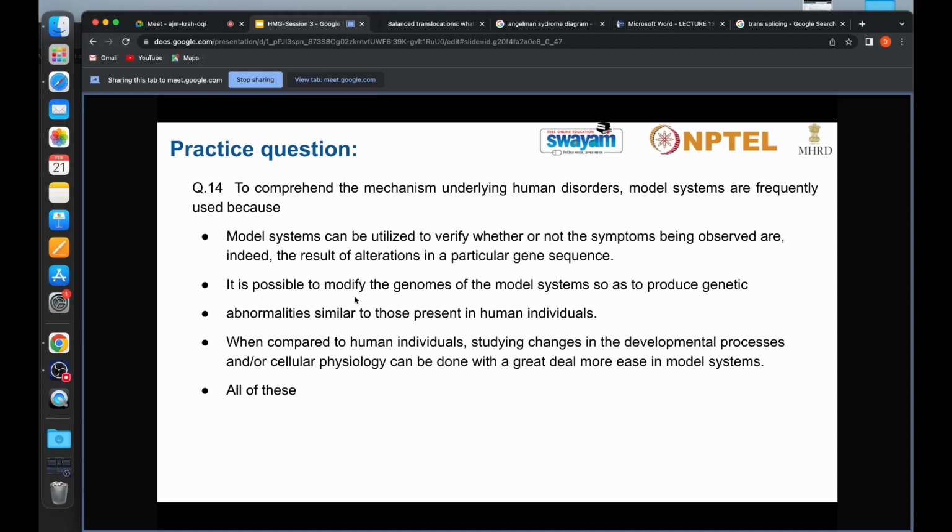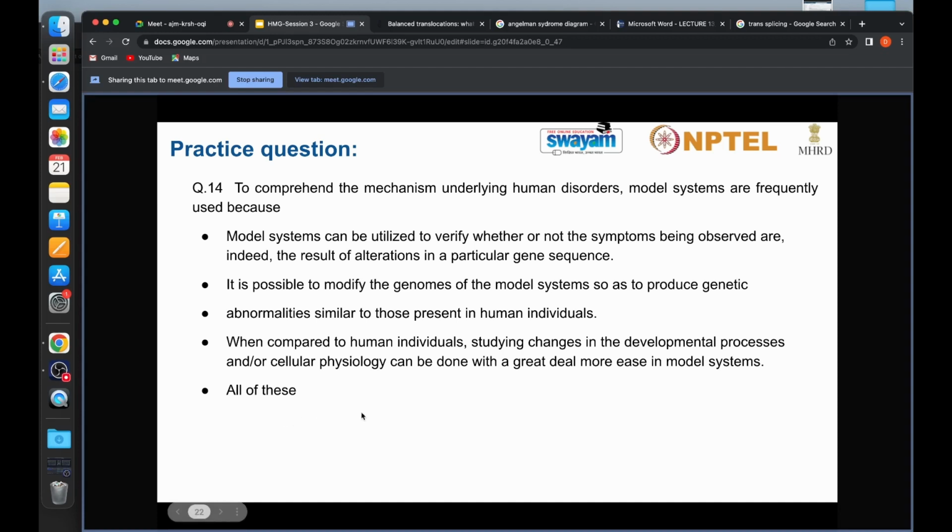Option B was that it is possible to modify the genomes of the model systems so as to produce genetic abnormalities similar to those present in human individuals. And option C was that, when compared to human individuals, studying changes in the developmental processes or the cellular physiology can be done with a great deal more ease in model systems.